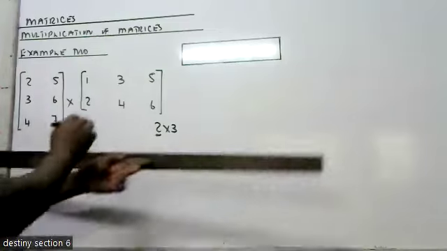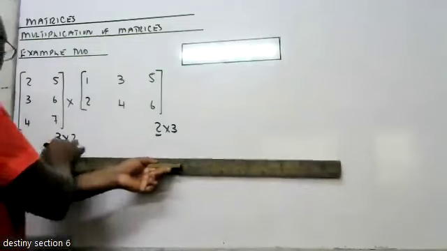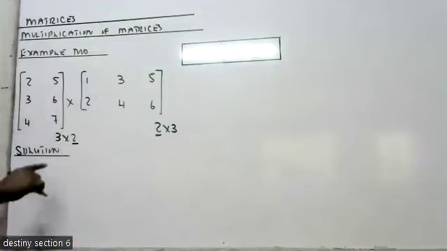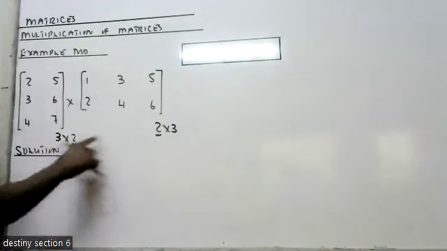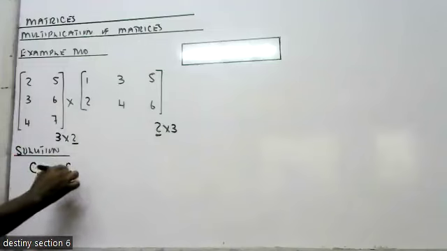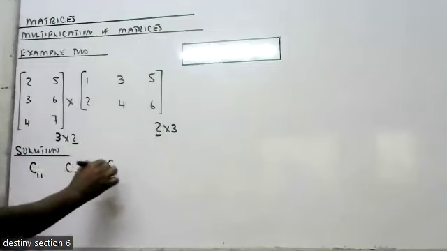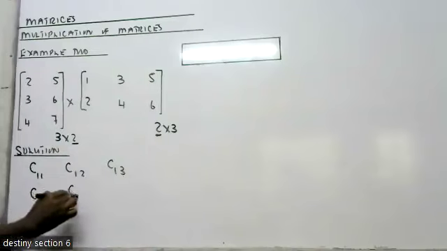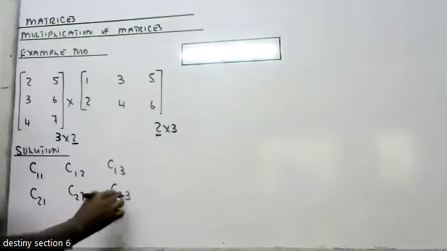So what will the solution look like? According to our guide, we are going to have a matrix that will have 3 rows and 3 columns. So that means we have an element in row 1, column 1, row 1, column 2, row 1, column 3. Then we'll have row 2, column 1, row 2, column 2, row 2, column 3.